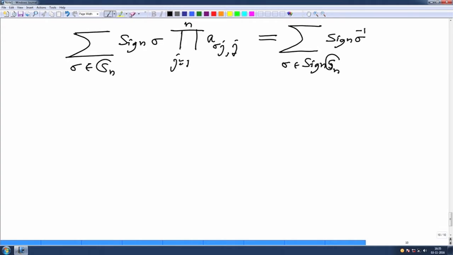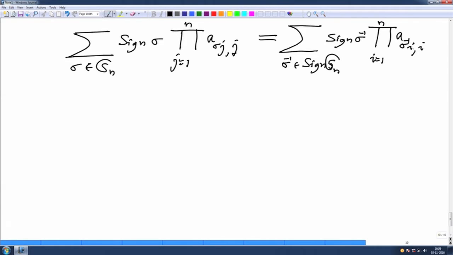So if you write σ inverse here, then the product is now running from i equal to 1 to n, A_{σ^{-1}(i), i}.